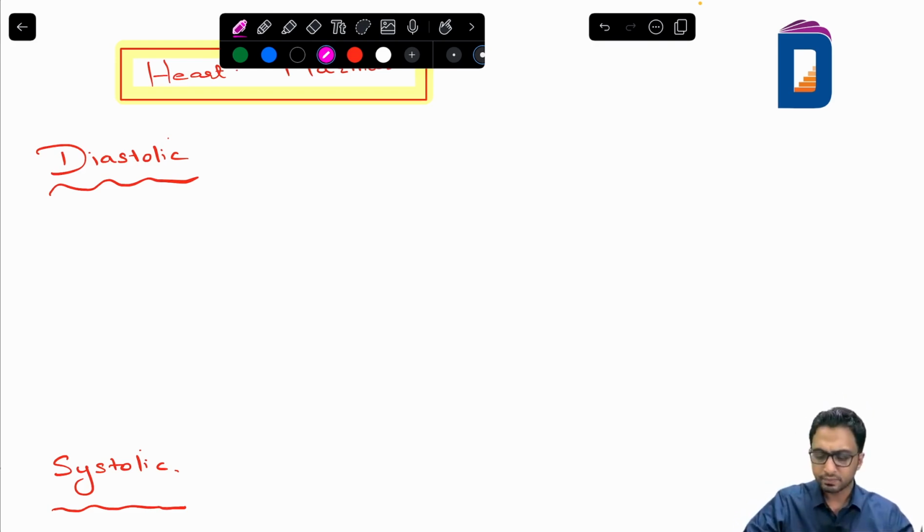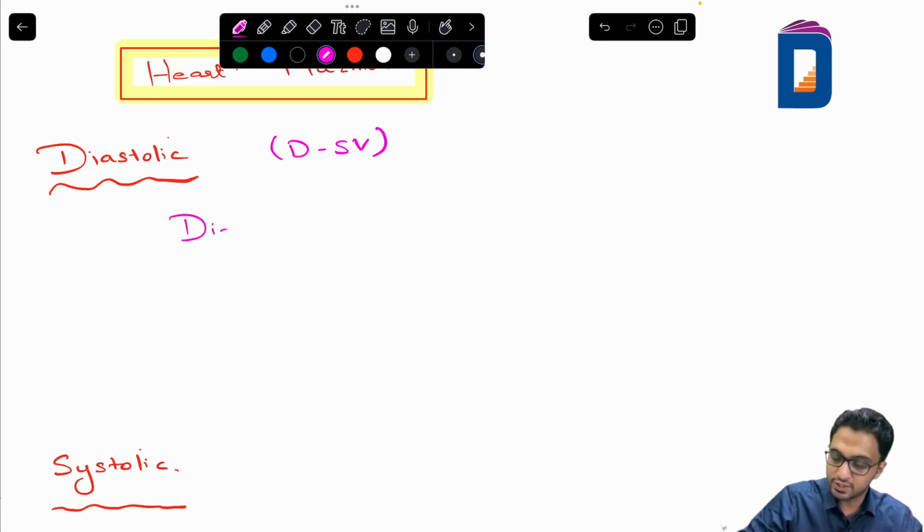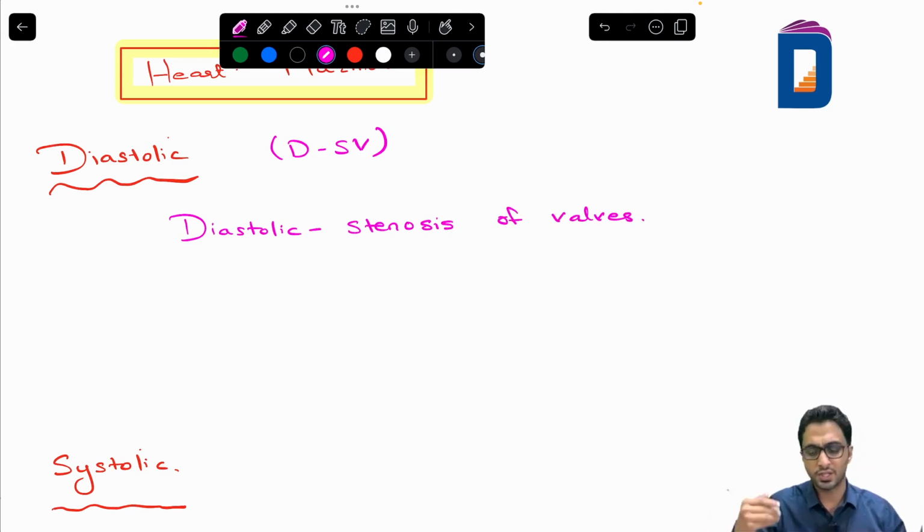Now diastolic murmurs: the short form you have to remember here is DSV. Diastolic murmurs are seen in, the S is for the stenosis of valves. Once you know this, we just need to substitute the terms.